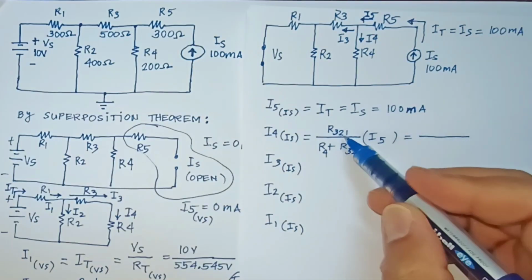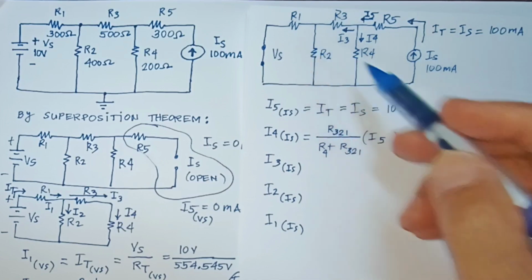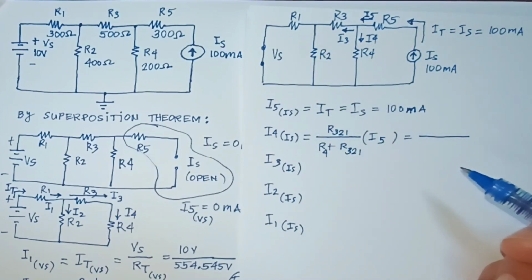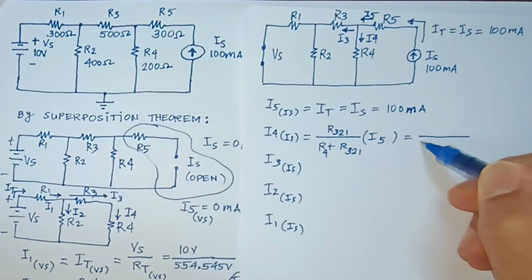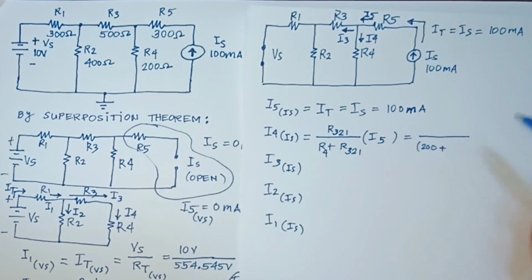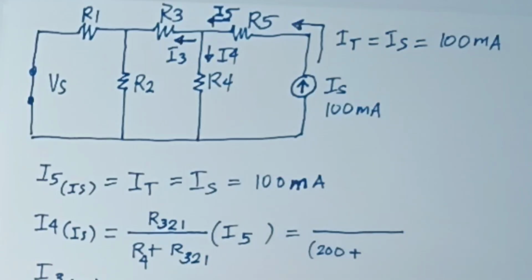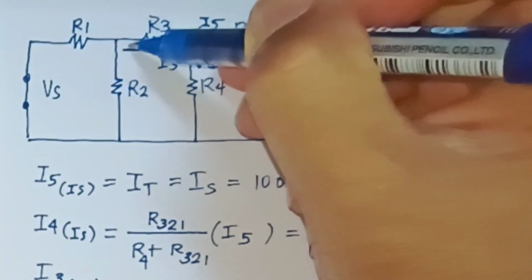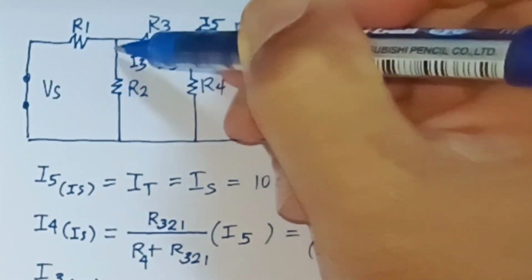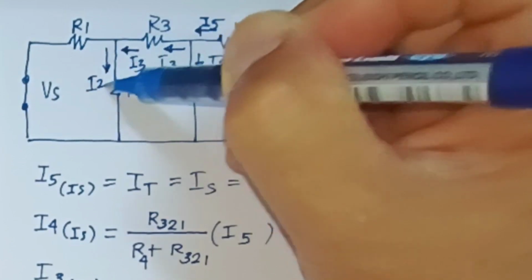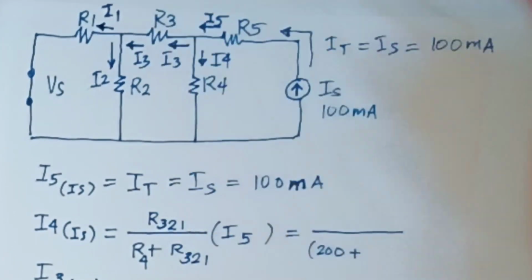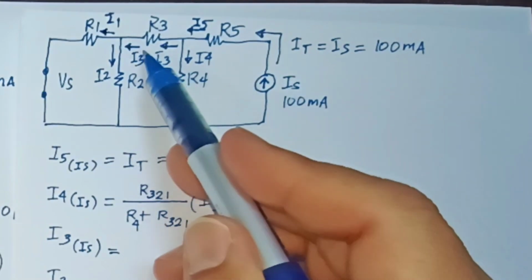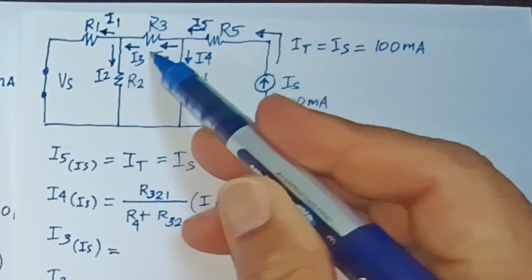So the current input is I5, and let's see what's next later on after we have calculated the R321. But we can substitute R4 as 200. Here is I3 going to the left, going down is I2, and going to the left is the I1.